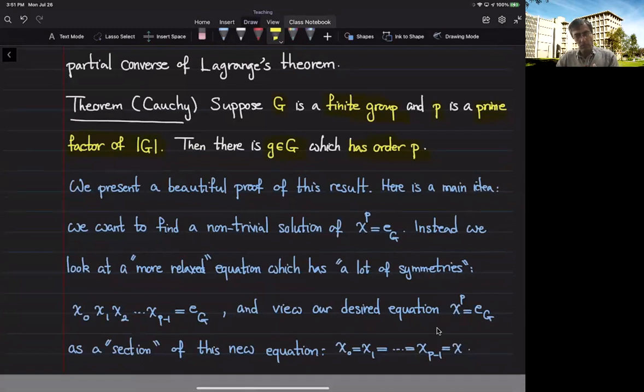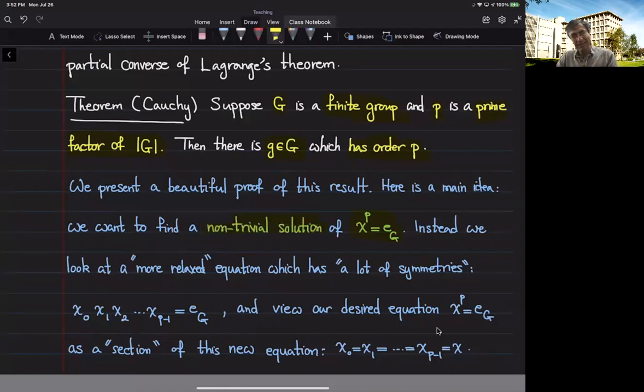When I say I'm looking for an element of order p, I'm looking for a solution of the equation x to the p equal to the neutral element, but a non-trivial solution. Of course, the neutral element is a solution of this, but I'm looking for some solution that's not the neutral element.